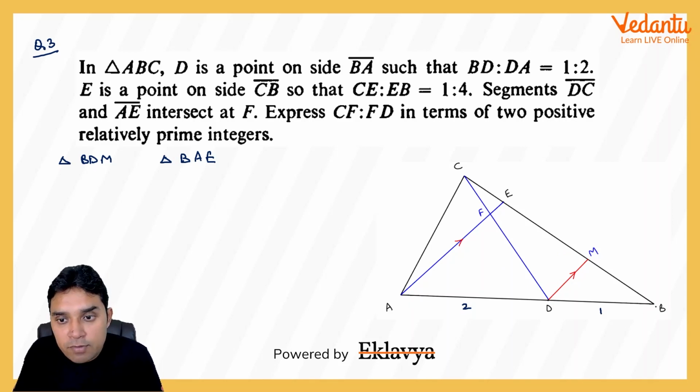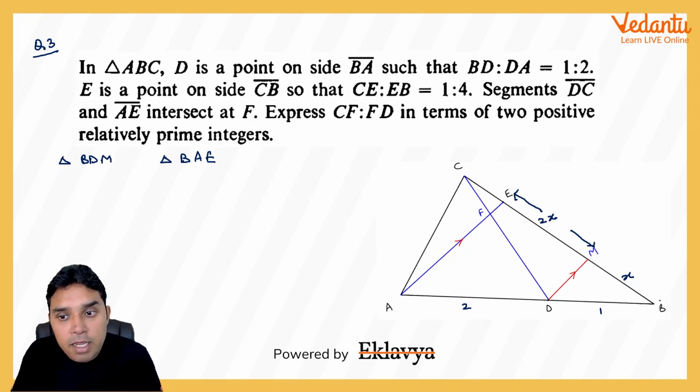So whatever ratio is there in DB ratio AD, the same has to be there in BM ratio ME. So that means if this BM is x, then this EM has to be 2x. When I am saying 2x, this is just EM, from M to E only.